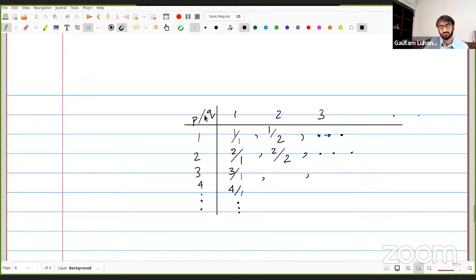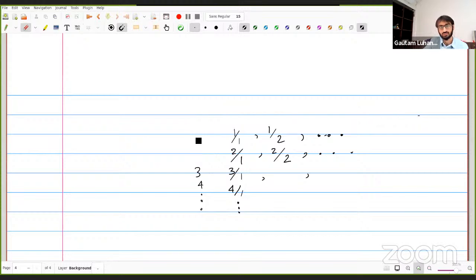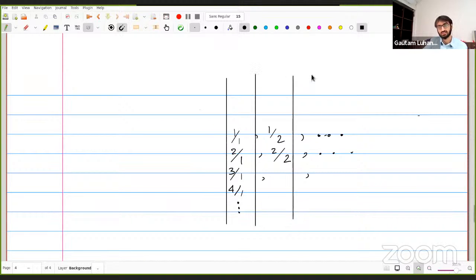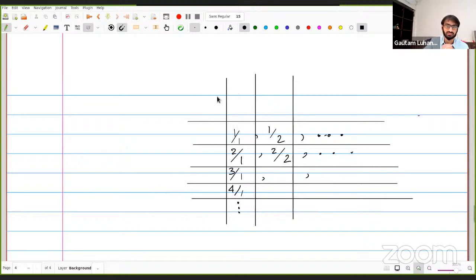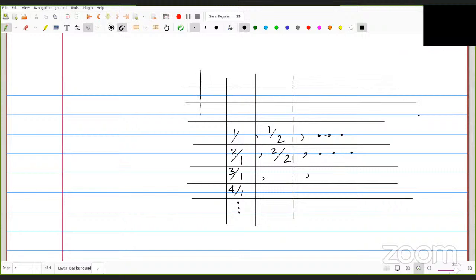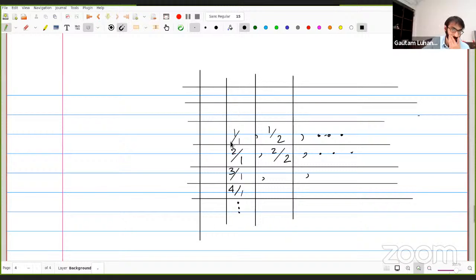Let's say I was making a checker box, something like this. So where would you put negative numbers? Let's say I make a box here and a box here. What would you put here and here?